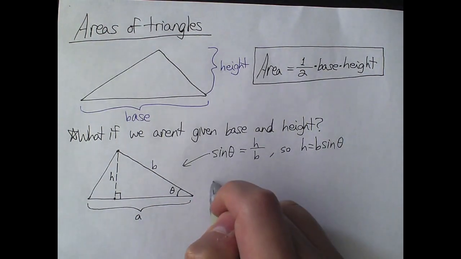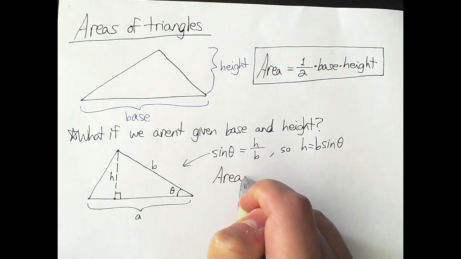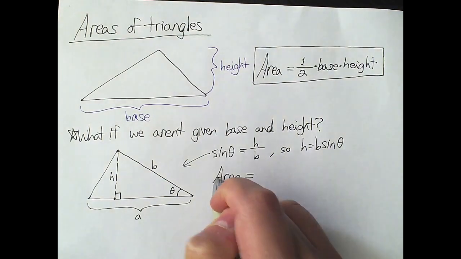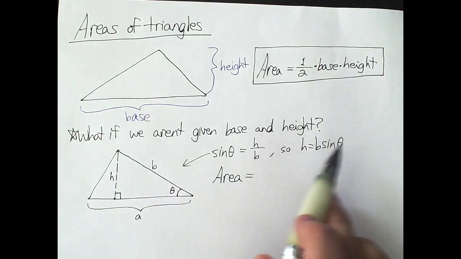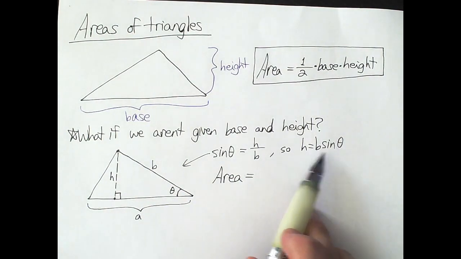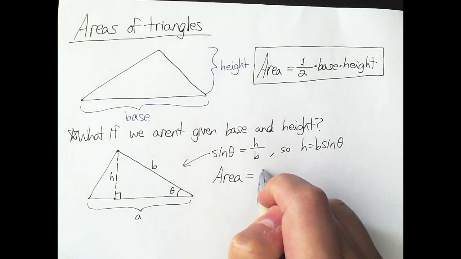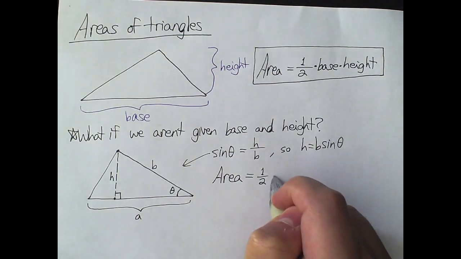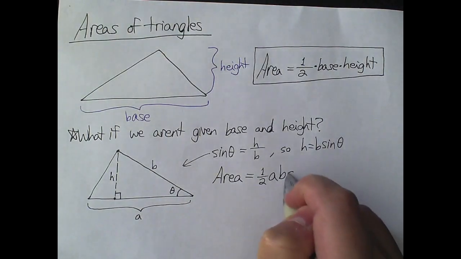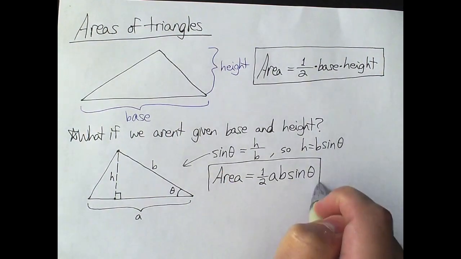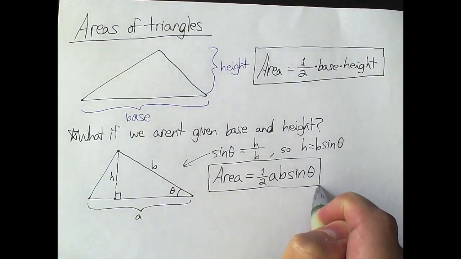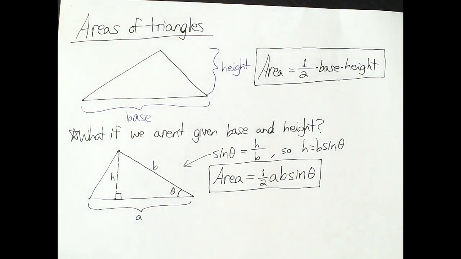So the area formula, what does it look like then? How about I rewrite this formula in terms of A and B, and instead of writing H, we could write B sine theta. So we still have the 1/2 out front. The base is A, the height is B sine theta. So we just found a new area formula for the area of a triangle.